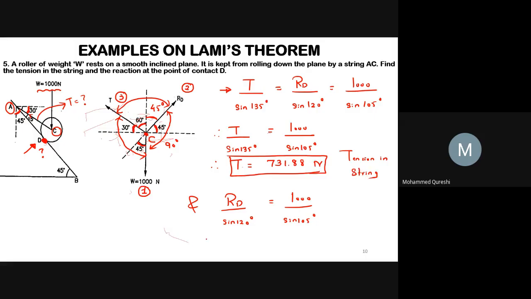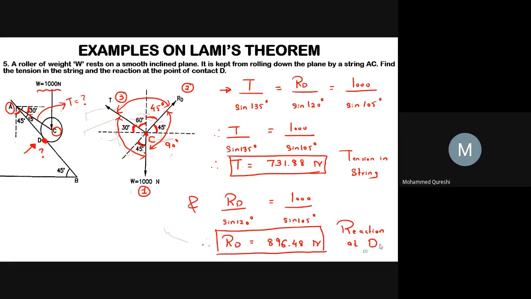And RD equals 1000 into sine 120 upon sine 105. So you will get the value of RD as 896.48 Newton. This RD is nothing but your reaction at point D.